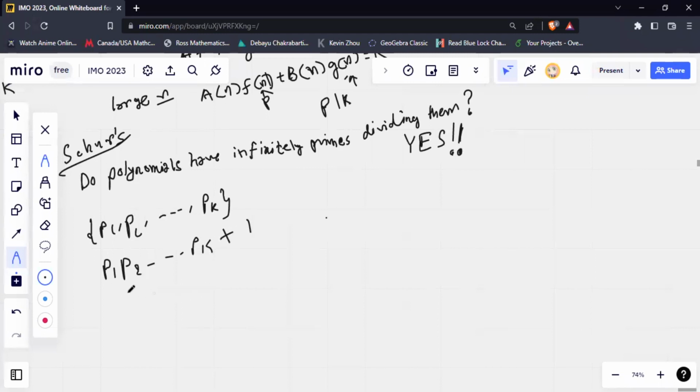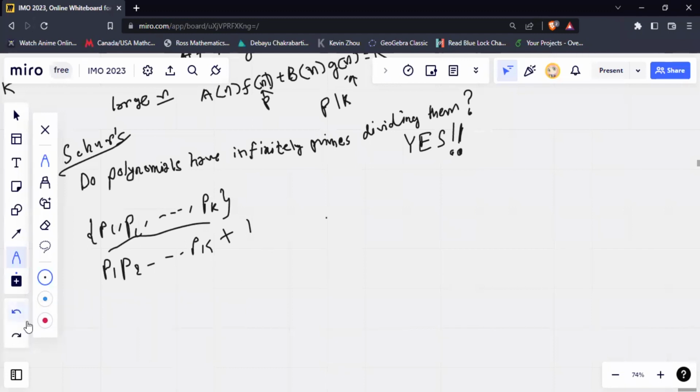We can interpret it in polynomials then. Take P of this, you mean? No, these are primes. This is the proof that there are infinitely many primes in general. Euclid used this: if there are finitely many primes, then just pick this. It is not divisible by any of these primes, so it is a prime.